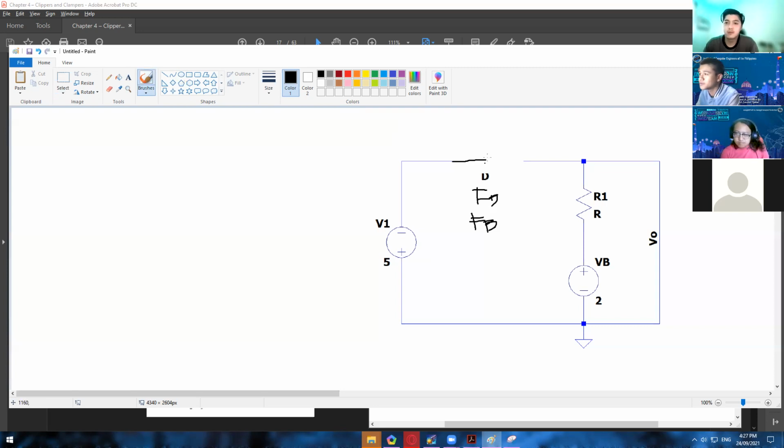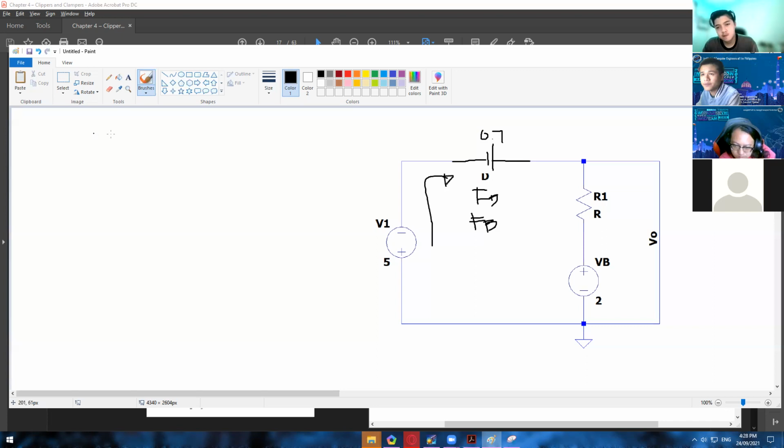So we have here a non-ideal, so we just have to put here the voltage source, okay, or the voltage threshold of that diode. So we have here 0.7. And in here, the deciding factor of your flow of current will be, of course, the higher the voltage, okay, that is the one that will dominate the entire flow of circuit. So in here we have VI is greater than VB.